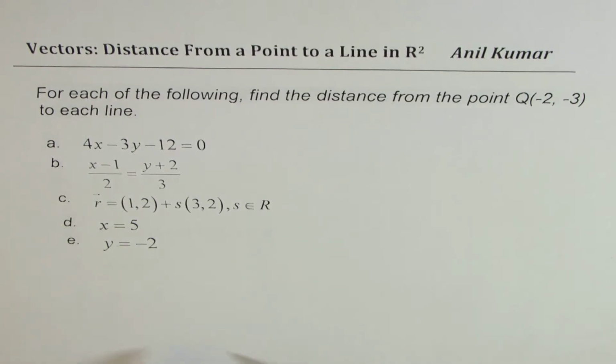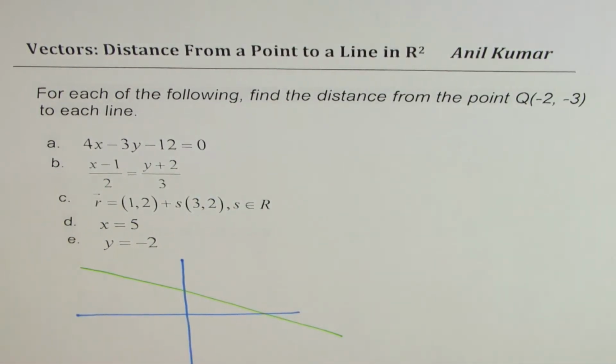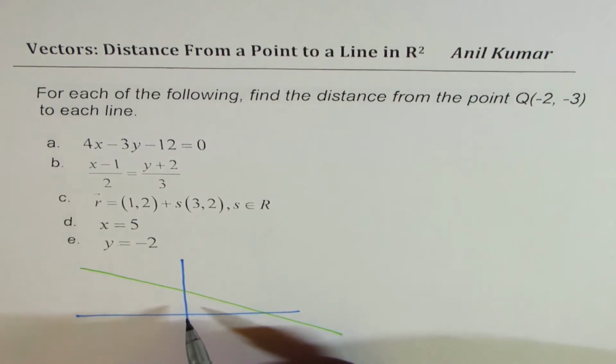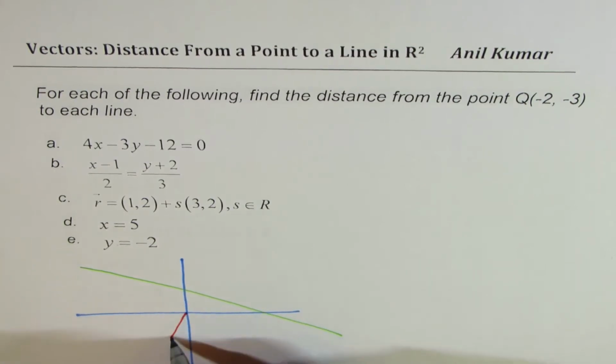So the basic idea here is that in any coordinate plane in R2, if we have a line, let me sketch a line, for example, like this. In that case, the shortest distance is along the normal, right? So if this is the line, then the normal could be like this.